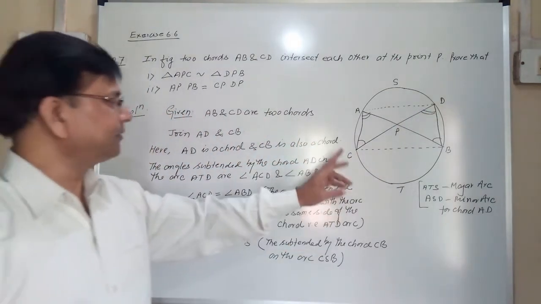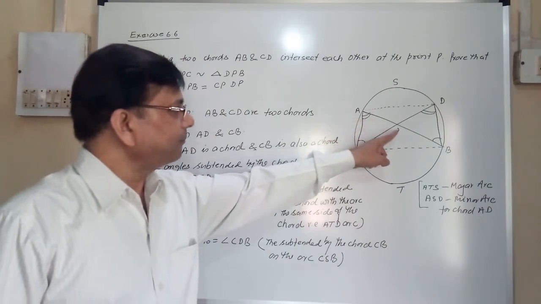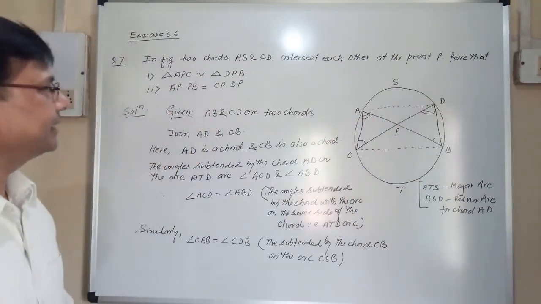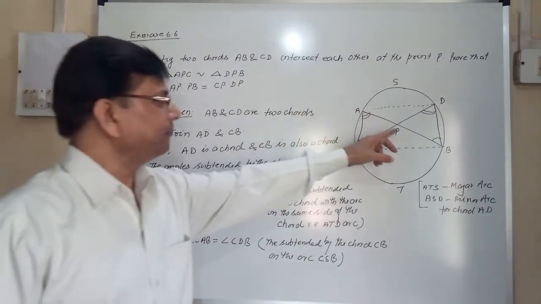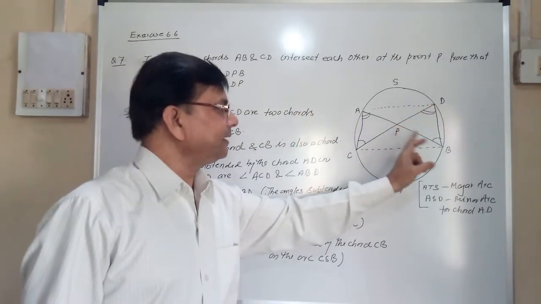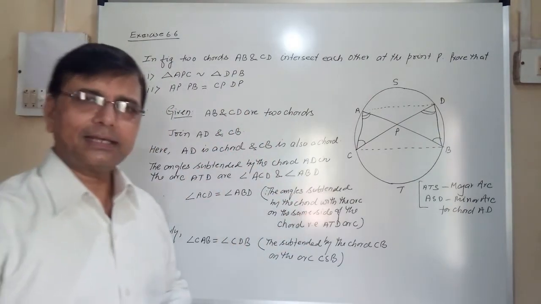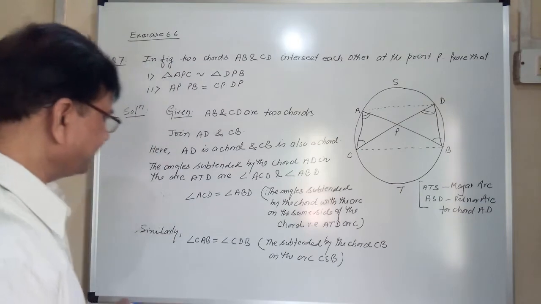Now in these two triangles, if you look at APC and DPB, right? Two corresponding angles are equal, right? Then these two triangles will be similar.